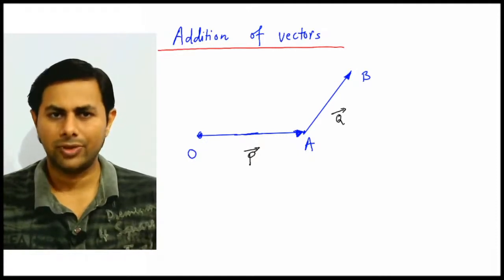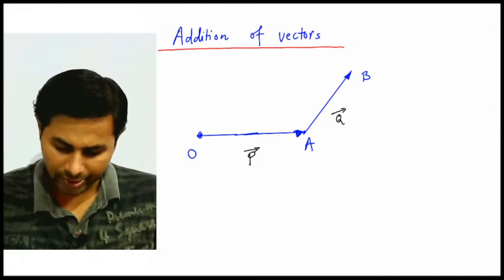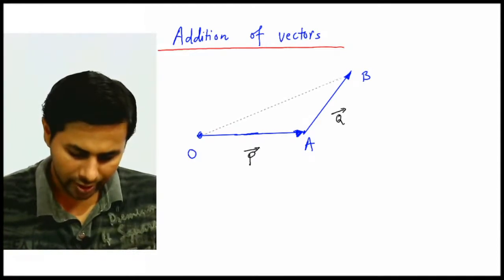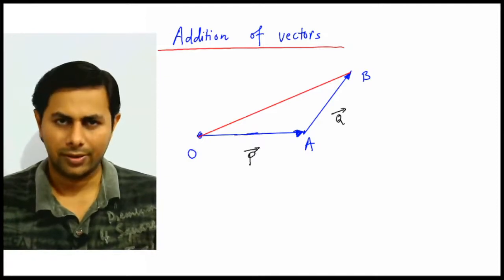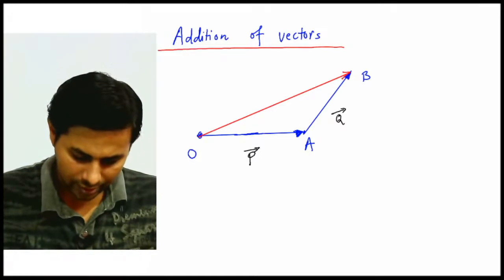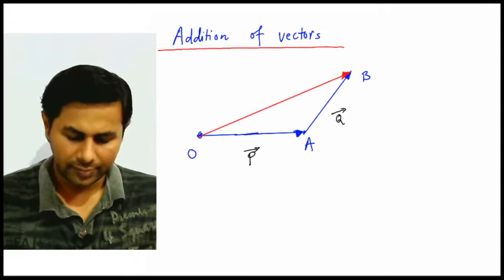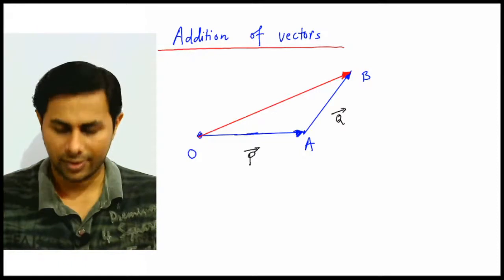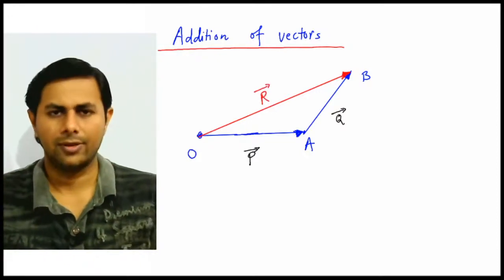So for displacement we only care about start point and end point of the motion. So the total displacement will be a straight line starting from the start point O and ending at the end point B. Okay, so a vector directed from O to B and having length equal to OB will be the total displacement. All right, so suppose this is R bar.